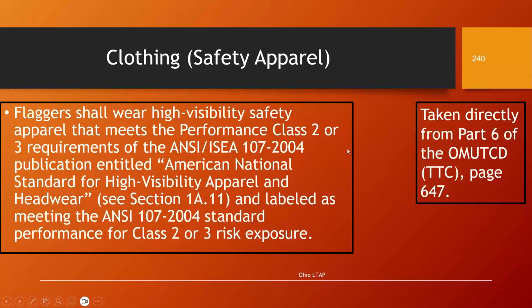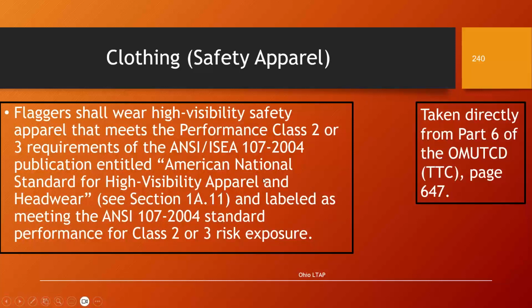We need our flaggers to comply with proper safety apparel. The manual says that flaggers shall wear, it's not should, it's shall wear high visibility safety apparel that meets the performance class 2 or 3 requirements of the ANSI ISEA, which stands for American National Standard for High Visibility Apparel and Headwear.